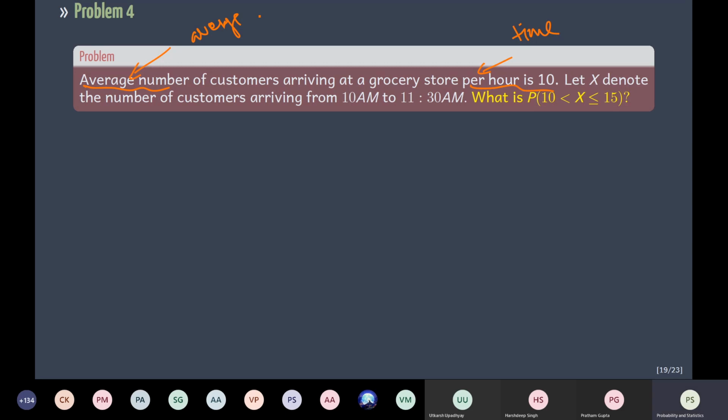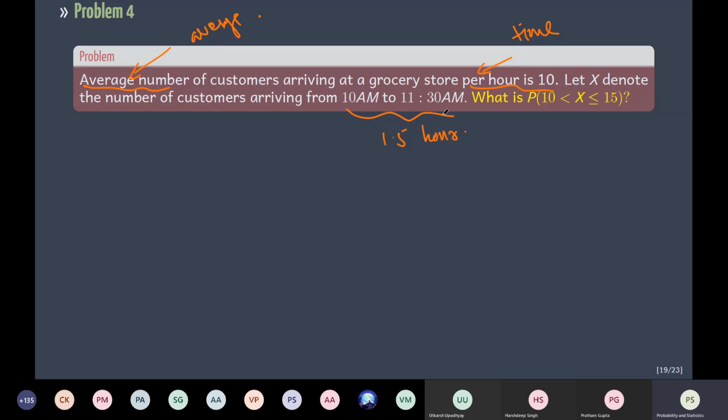What we are looking at is the interval of the duration, how much? 1.5 hours. So this is the duration we have. This is a classic case of a Poisson, but since we are looking at the duration of 1.5, we have to scale our average accordingly.